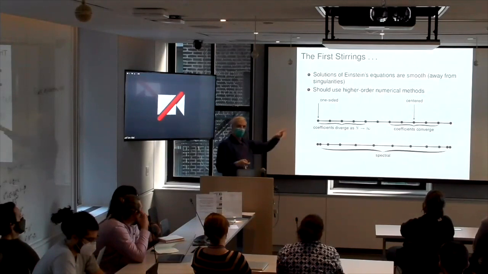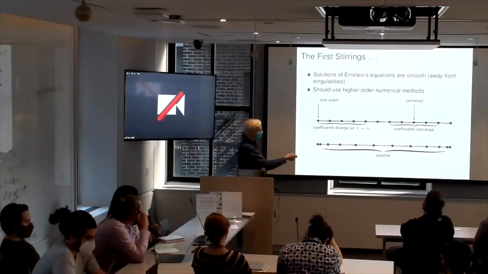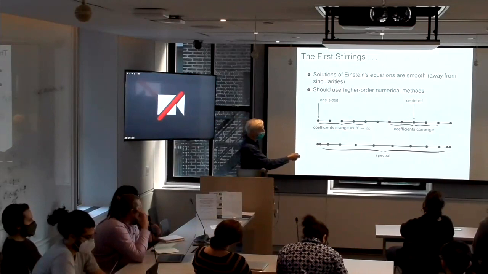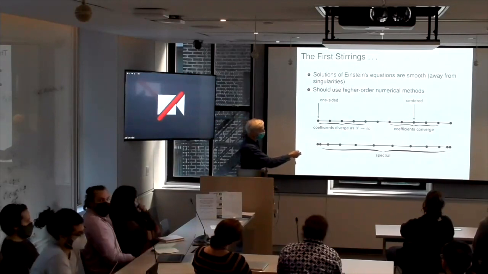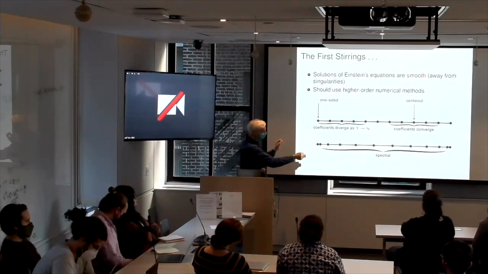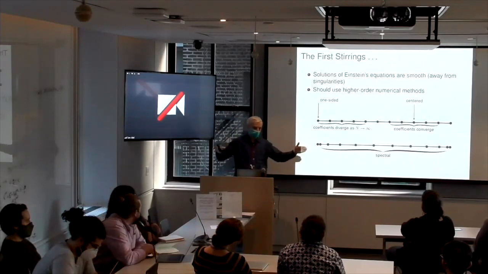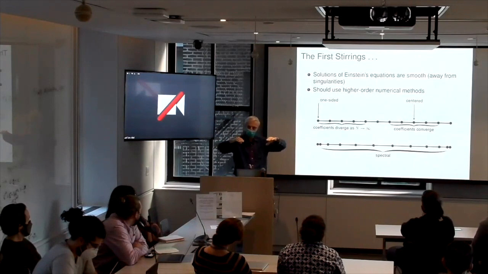And you can look in books and they give all these formulas with different powers of H and so on, right? A centered formula means that this point is at the center of the stencil of points that you use to approximate the derivative. As you go to higher and higher order, that's a stable process. The coefficients that go into those formulas stay bounded.